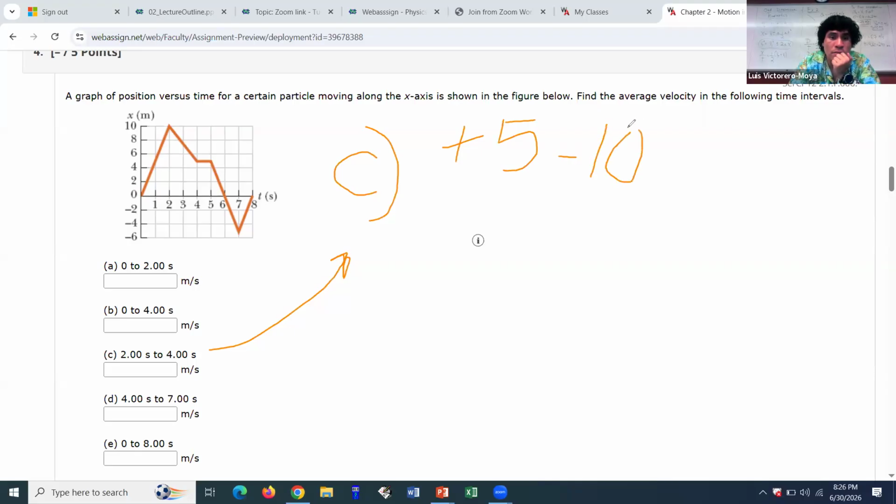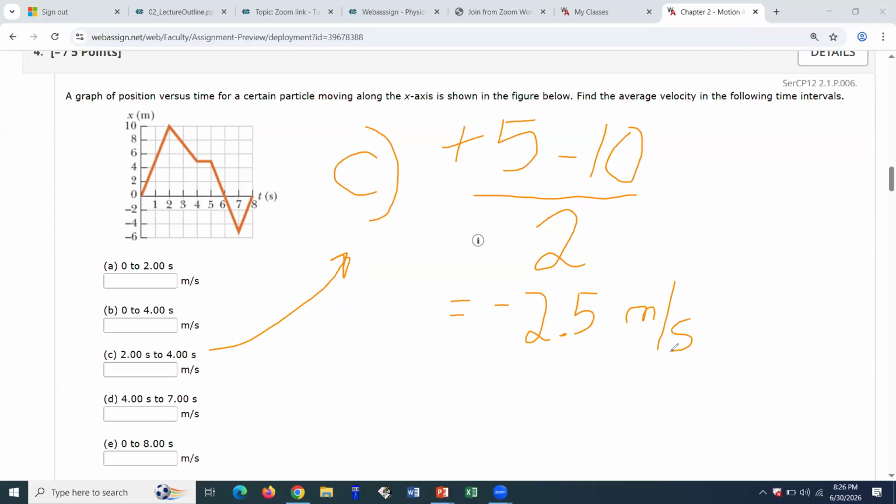That's the final position minus the initial position, divided by 4 minus 2. So 5 minus 10 is negative 5, divided by 2, negative 2.5. Is that clear? So that's the average velocity between 2 and 4 seconds. Is that clear, everyone?